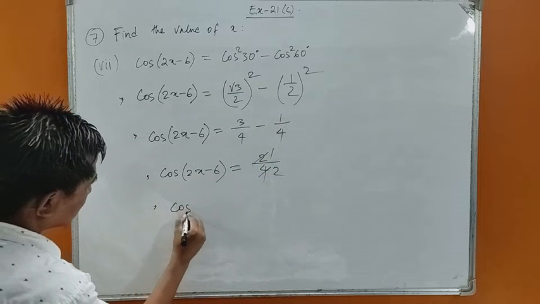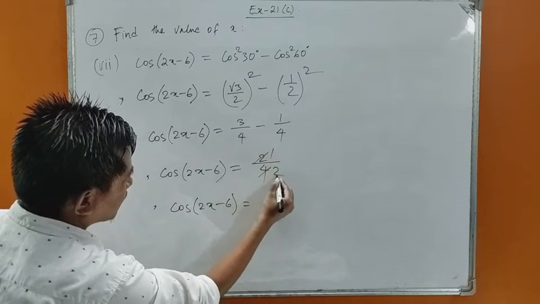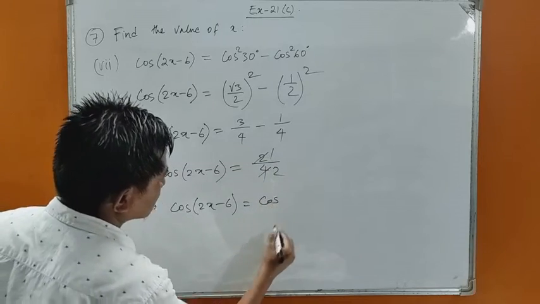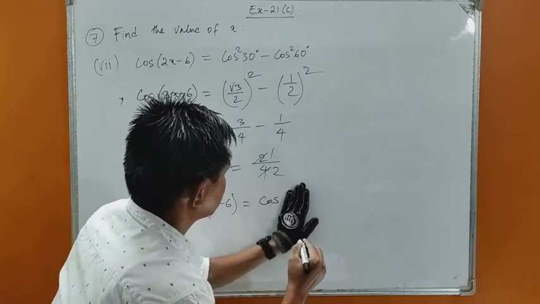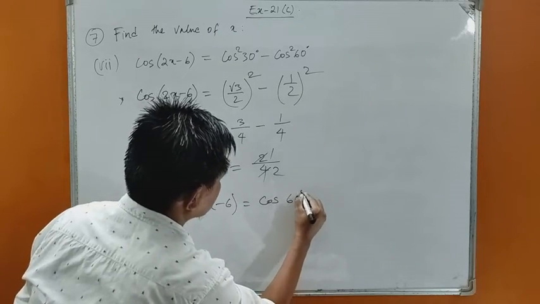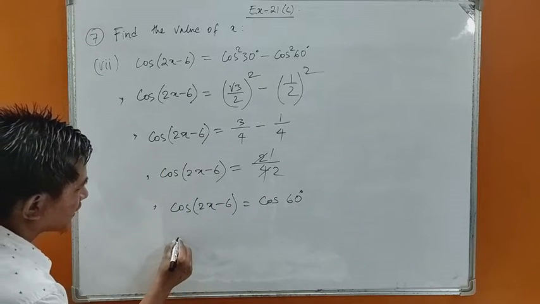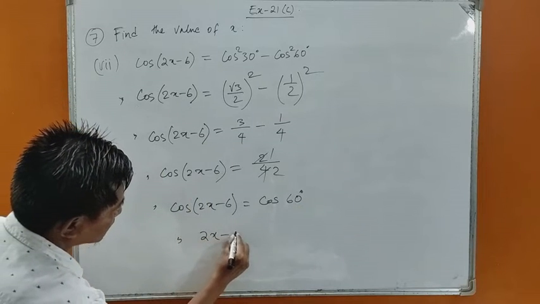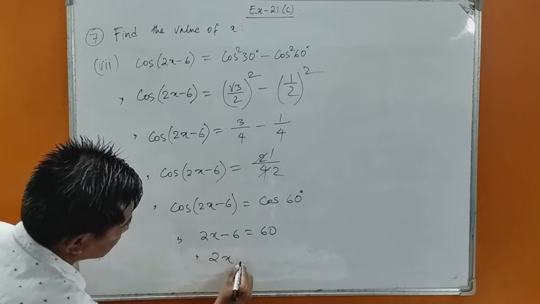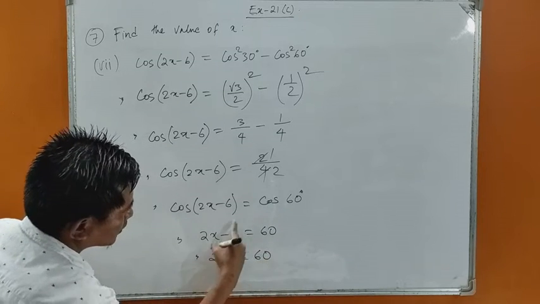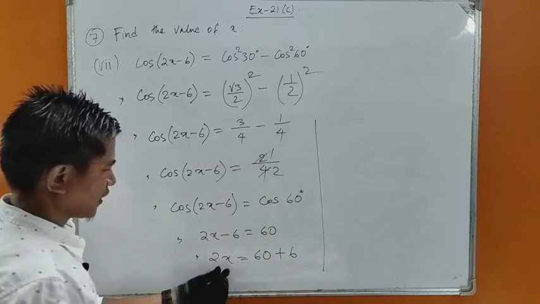Or cos 2x minus 6 equals 1 upon 2, which means cos 60 degrees, isn't it? So cos and cos, we will leave this from both sides. 2x minus 6 equals 60, or 2x equals 60 plus 6, we take it to the right hand side as plus 6.